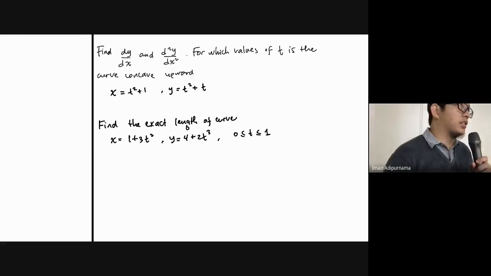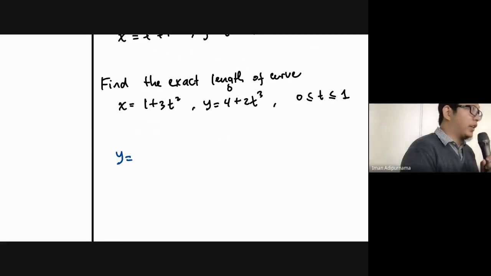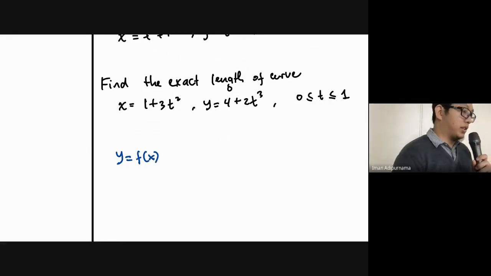Now we consider variables that have chain rule relations, okay? Which means we are actually relating y and x. The first one is this, the idea, the concept.